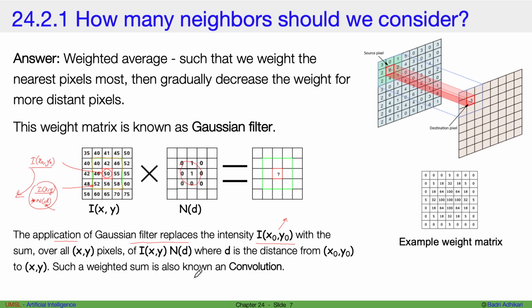Such a weighted sum is also known as convolution. In deep learning, this process of multiplying an image with a filter is also known as the convolution operation.